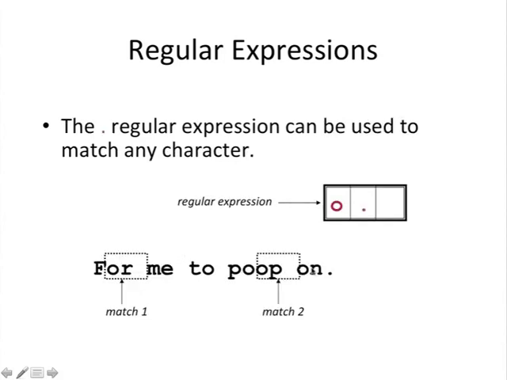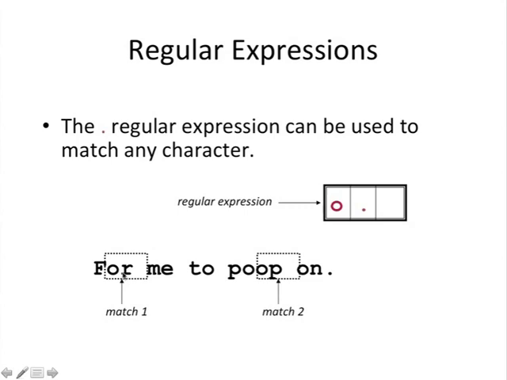Okay. So let's see a real regular expression, which is a dot. And dot means any character. So we're looking for a string composed of 3 characters. The first character is O, the second character is any character, and the third character is space. Okay, so that's a match, and this is a match, right?